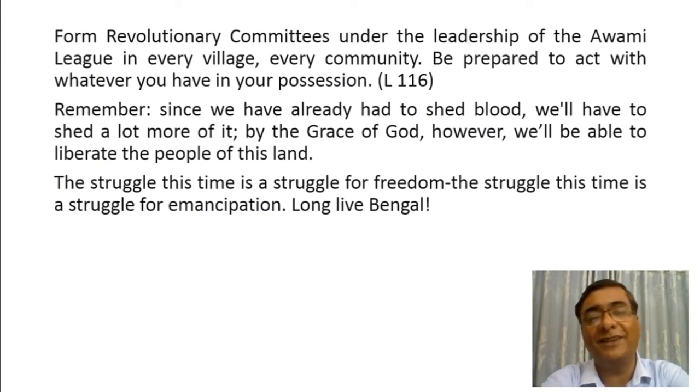So you understand that he is towards the end of his speech, and he is giving a kind of indication that a liberation war is going to take place. The struggle this time is a struggle for freedom. The struggle this time is a struggle for emancipation. Long live Bengal. Now, you can understand that these last two sentences are very famous sentences.